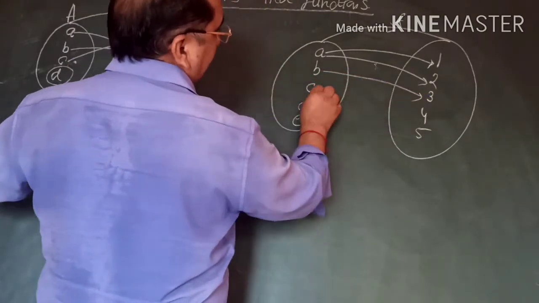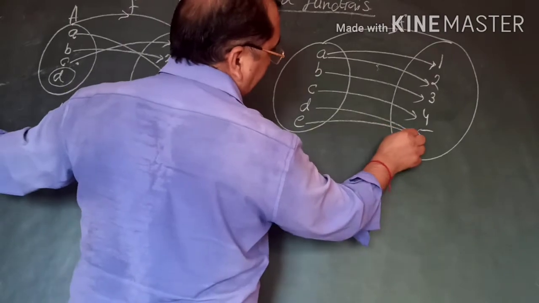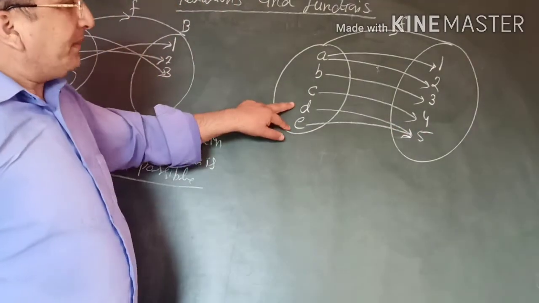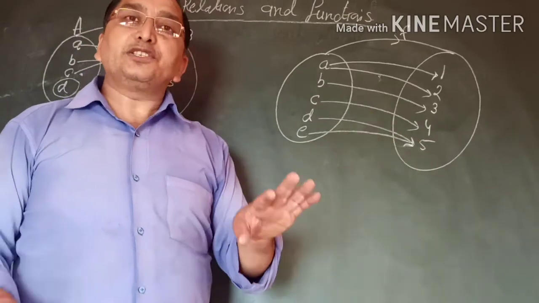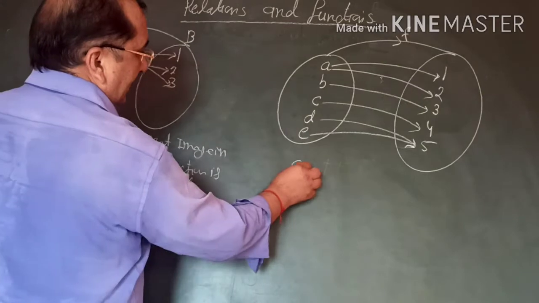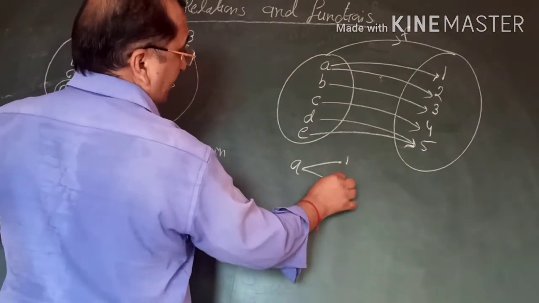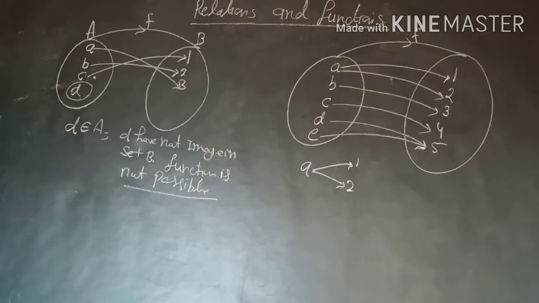B is at 3, and the rest are mapped like this. Two elements having one image is possible, but one element having two images is not. Now see, element a has two images, 1 and 2, and this type of function is not possible.